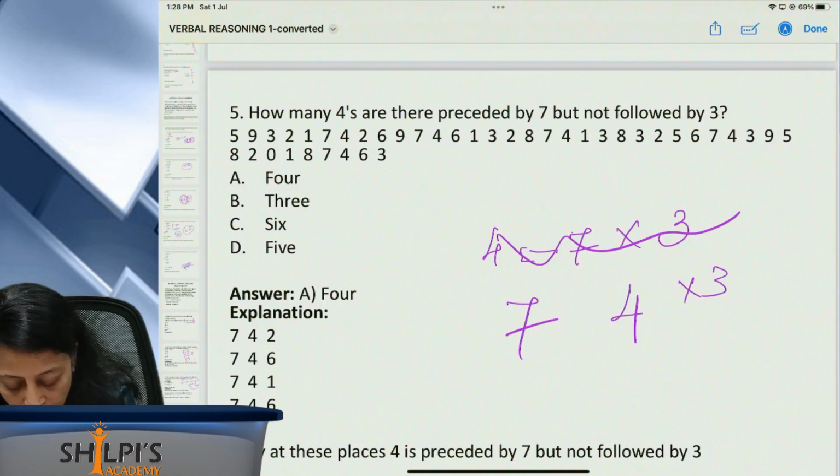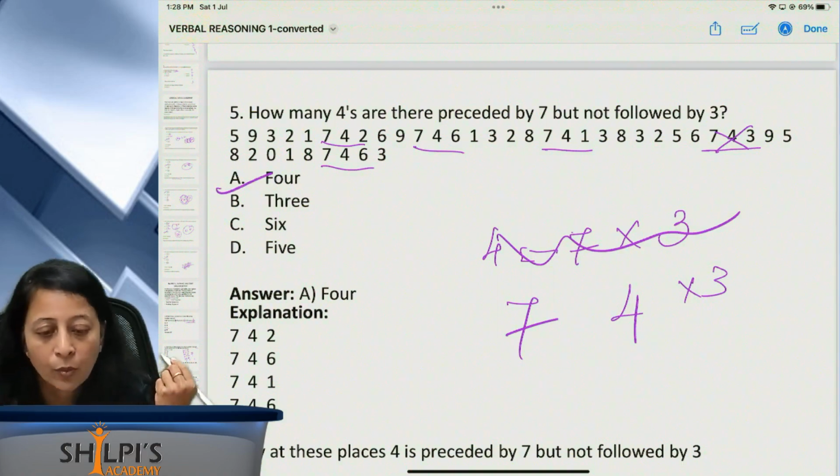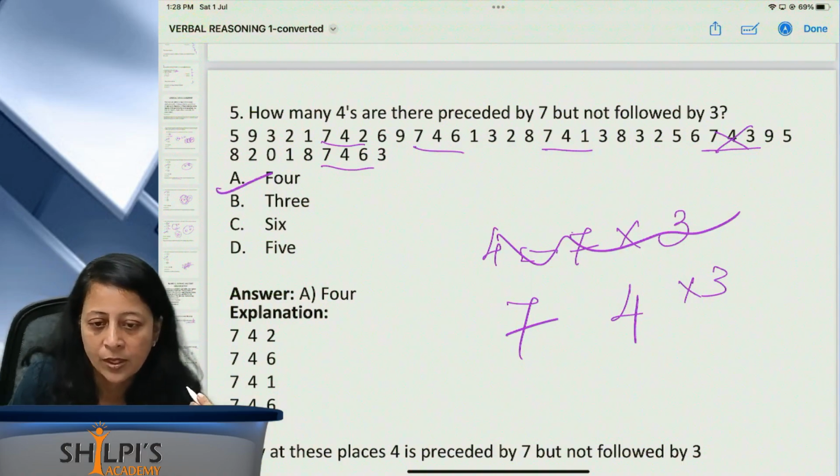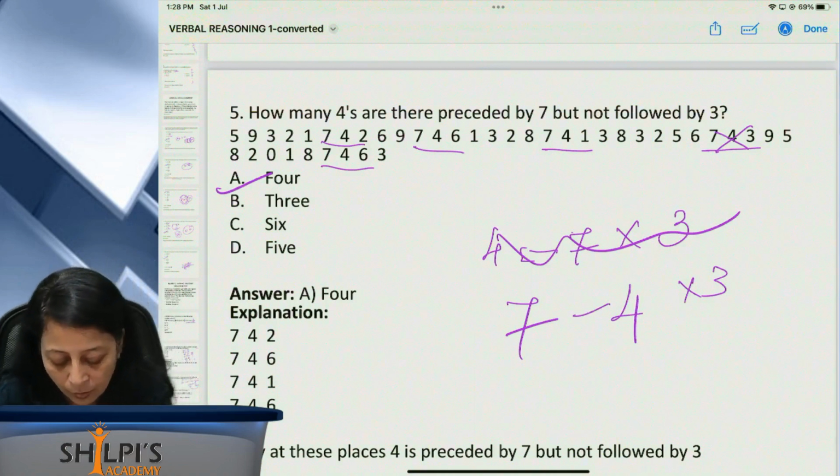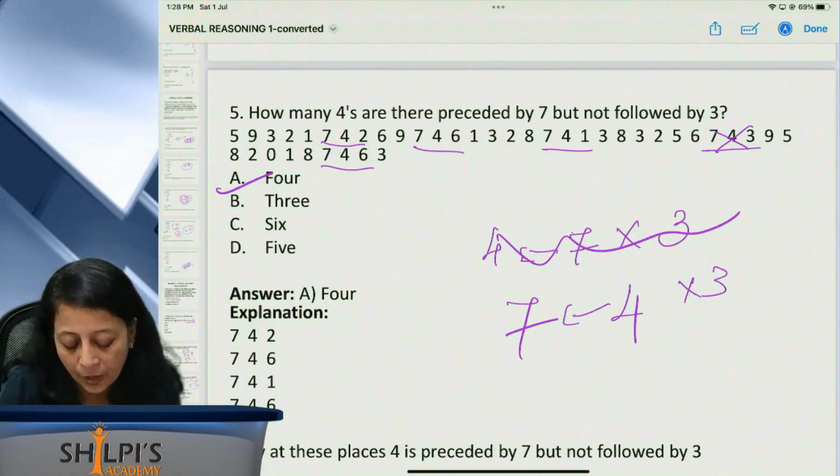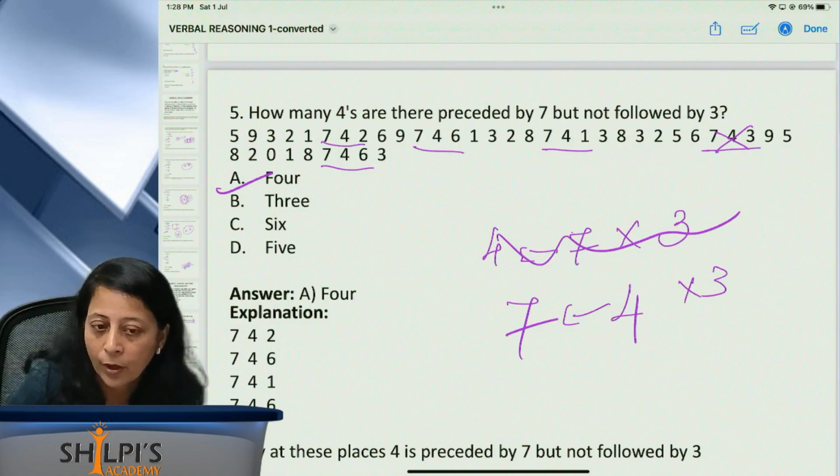Let's see here. 7, 4, 2, 7, 4, 6, 7, 4, 1, 7, 4, 3 is there but we should not consider it because it should not be followed by 3. Then 7, 4, 6. Okay. So it is totally 4 numbers. So the option is 4. Okay. How many 4s are preceded by 7 and not followed by 3?